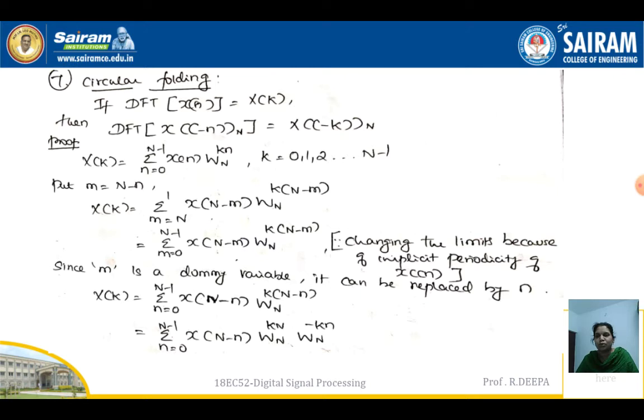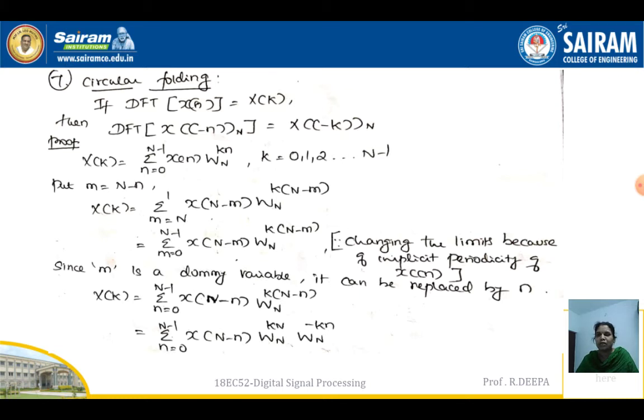So in order to prove, I'll start with the known DFT definition: X(k) equals summation n equal to 0 to N minus 1, x(n) W_N power kn, where k ranges from 0, 1, 2, 3 up to N minus 1.